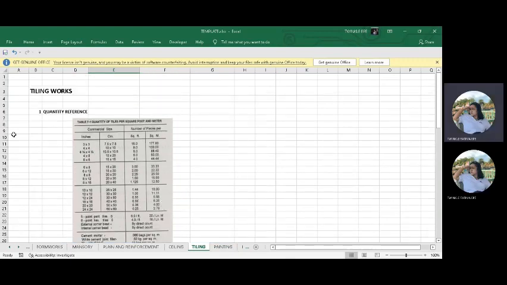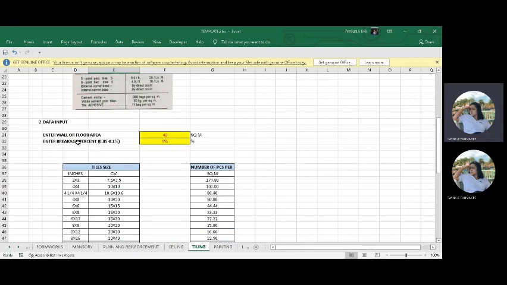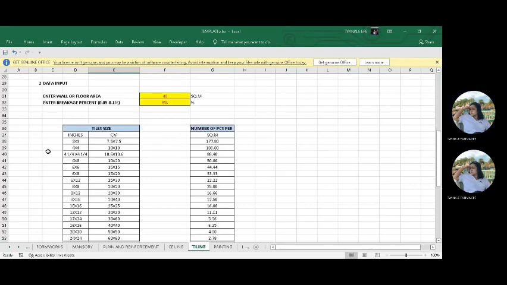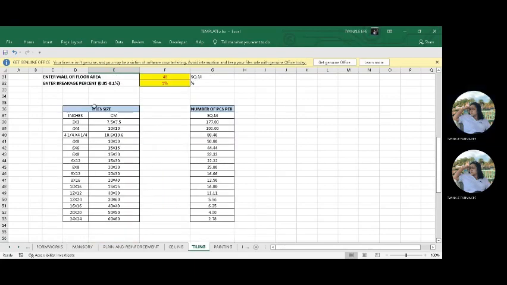So for our tiling, this is the quantity reference, and we enter the data. So we enter the floor area and the breakage of how many percent. It ranges from 5 to 10%. We have 3 times 3 and so on and so forth.